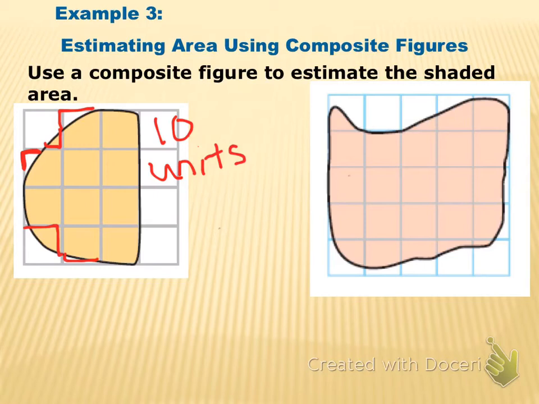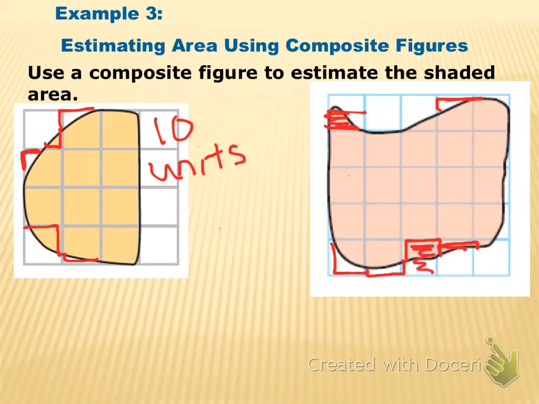If you look at this next one, it's quite a bit different, but you can still imagine if you cut off this section here and put it over here, or if you cut off this section here, that's about the same area as that section. And maybe if we cut off this section, we could attach it over here and just figure out roughly how much it is.